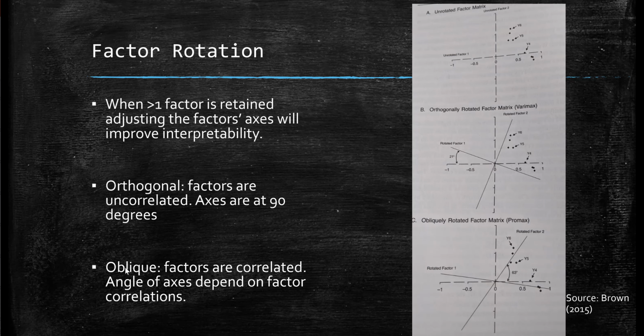But I'm basically glossing over a lot here because there are various subtypes within orthogonal and oblique. Probably the default, if you're going with orthogonal, assuming that your factors are not correlated, is to use Varimax rotation.